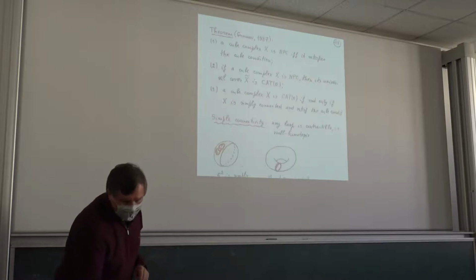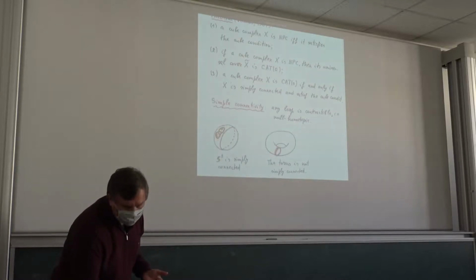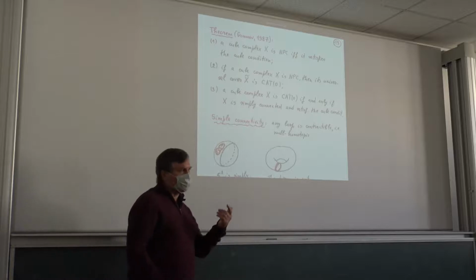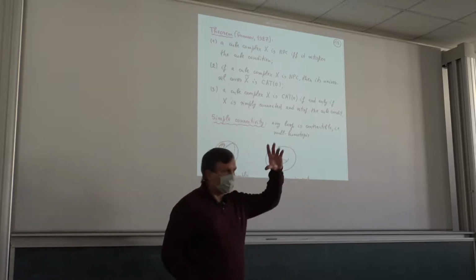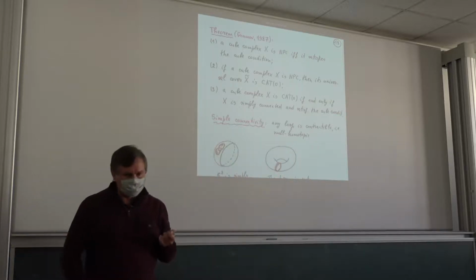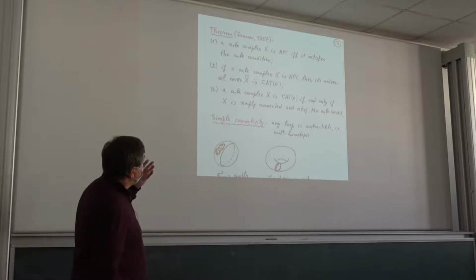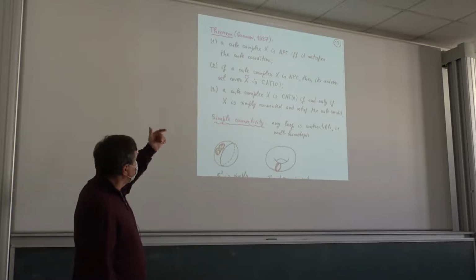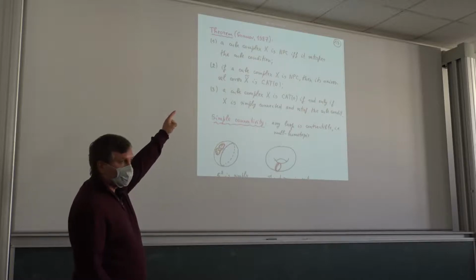Okay. And a nice theorem by Gromov, which in his big paper was just a proposition, is that a cube complex is non-positively curved if and only if it satisfies the cube condition.